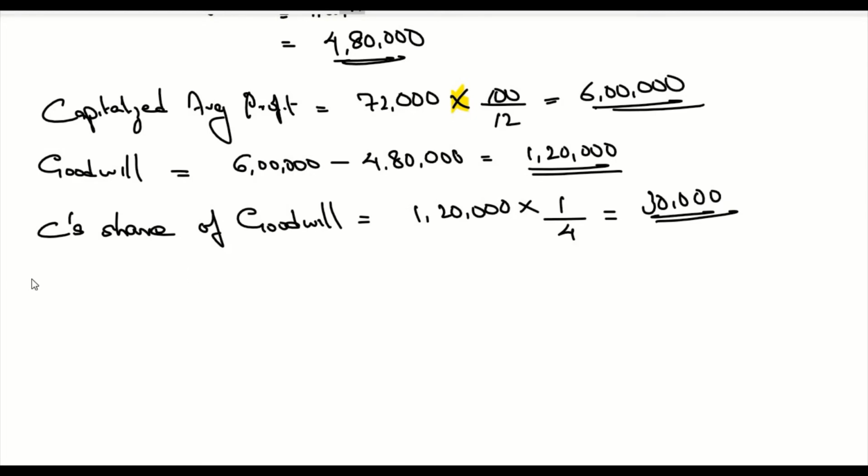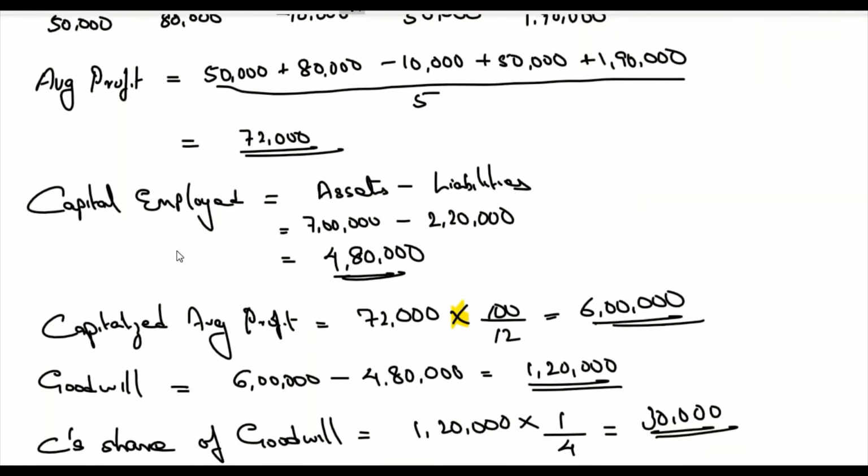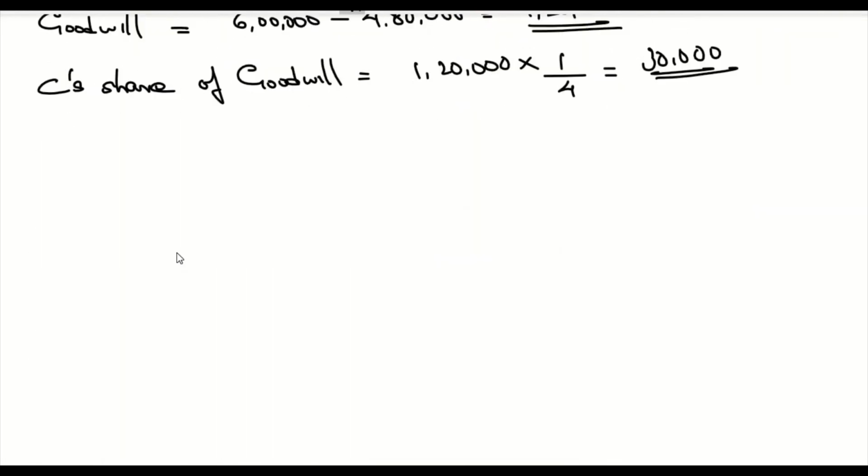Now the second part of the question says pass necessary journal entries. So we need to pass the necessary journal entry for this. So since he is not bringing in cash as goodwill, his current account will be debited. C's current account, debit.